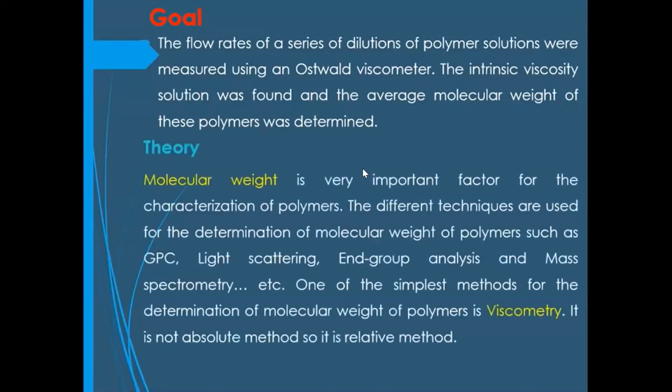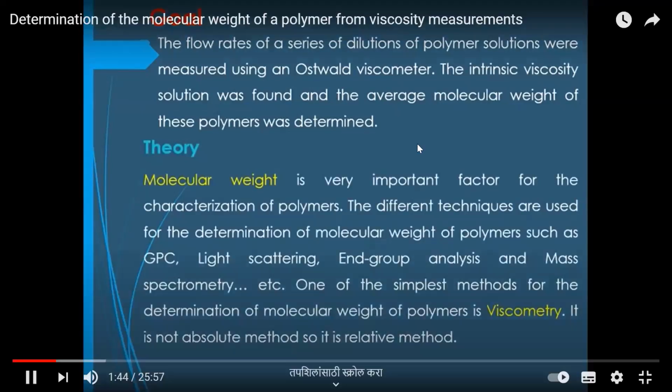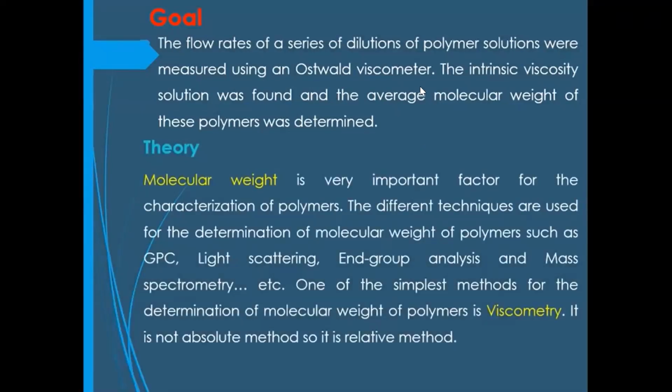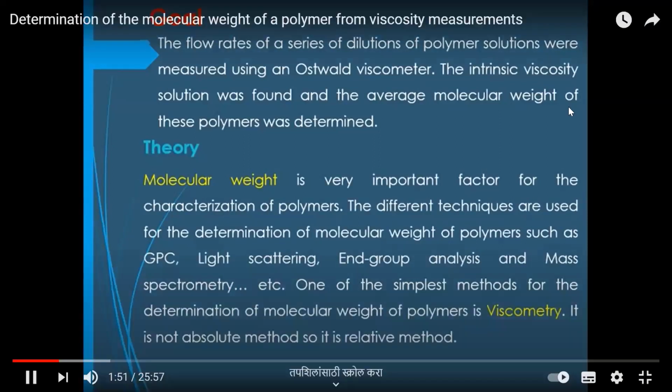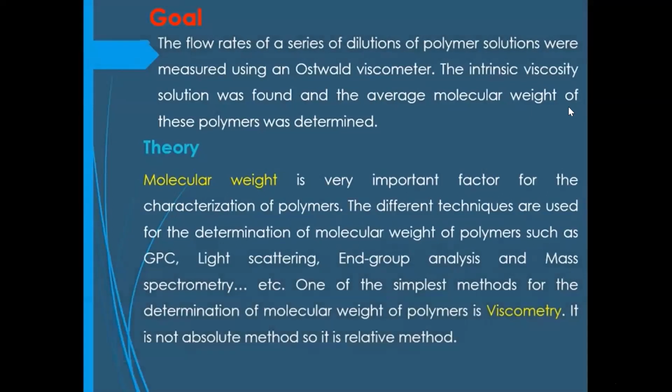Molecular weight is a very important factor for the characterization of polymers, and different techniques are used for determination of molecular weight of polymers. For example, gel permeation chromatography, light scattering, end group analysis, and so on.